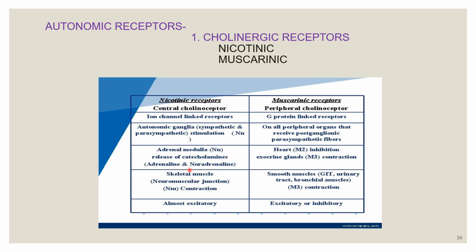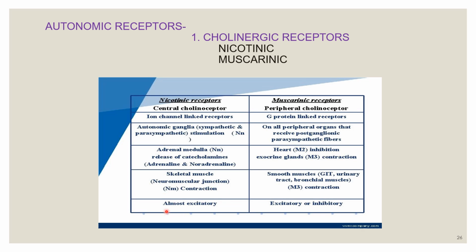In the case of the adrenal medulla, you also have N types of receptors. Whereas the skeletal muscle at the neuromuscular junction also has nicotinic receptors. So it is not coming under autonomic, but the nicotinic receptors are also present in the NMJ. They are different. You observe this is the NM type of receptors.